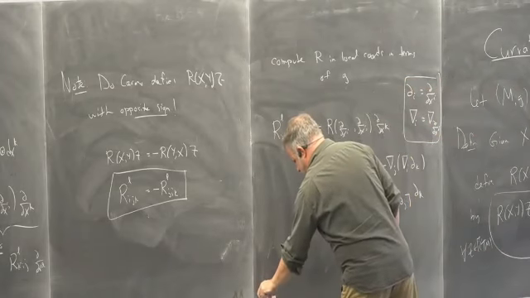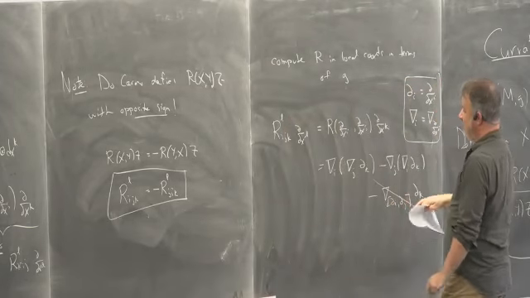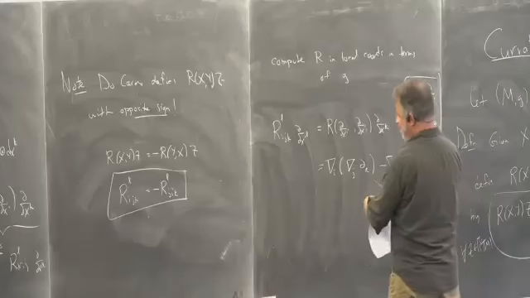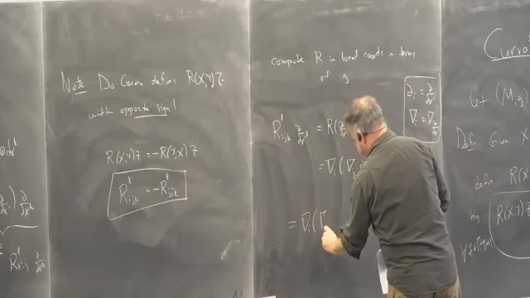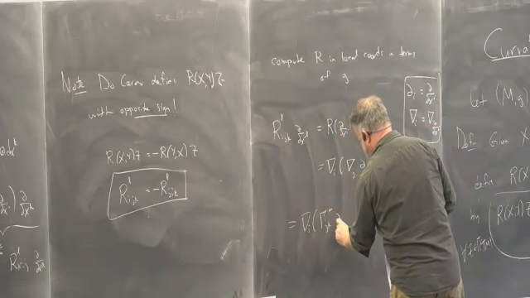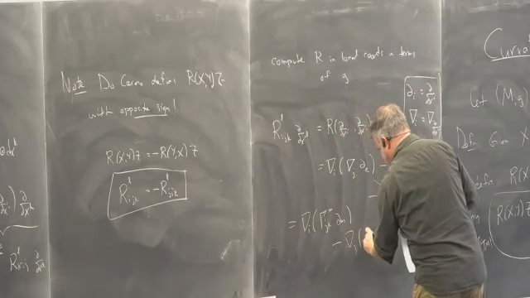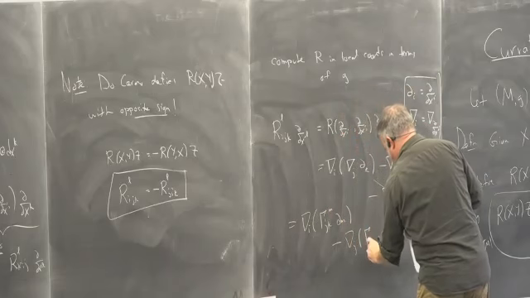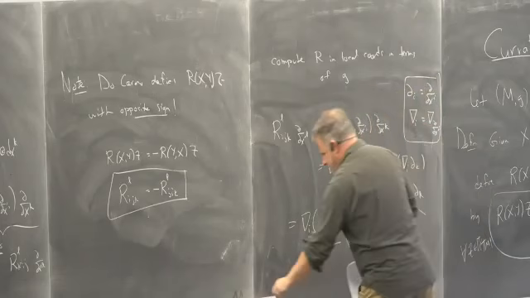So now the bracket of any two coordinate vector fields is 0. So this goes away. And then by the definition of the Christoffel symbols, this is nabla i of gamma j k m partial m, minus nabla j of gamma i k m partial m.